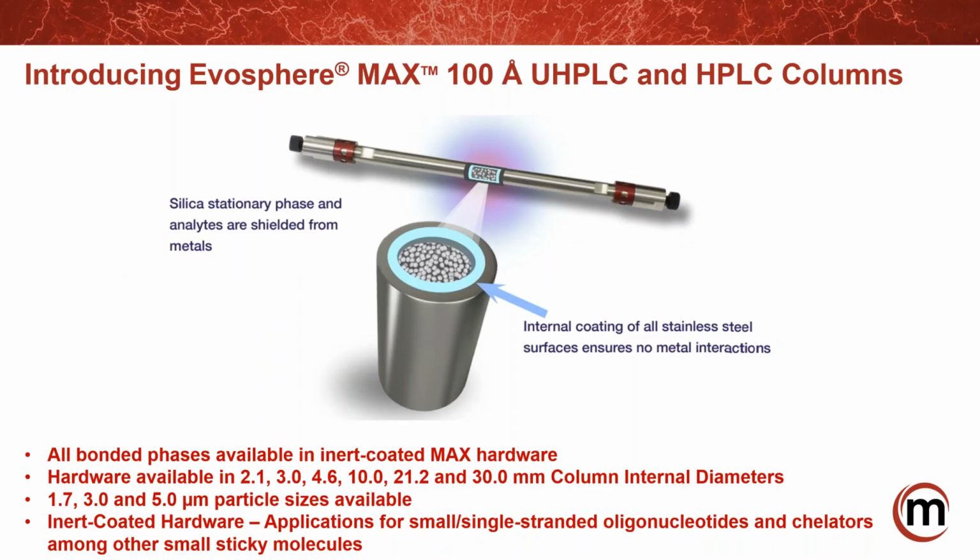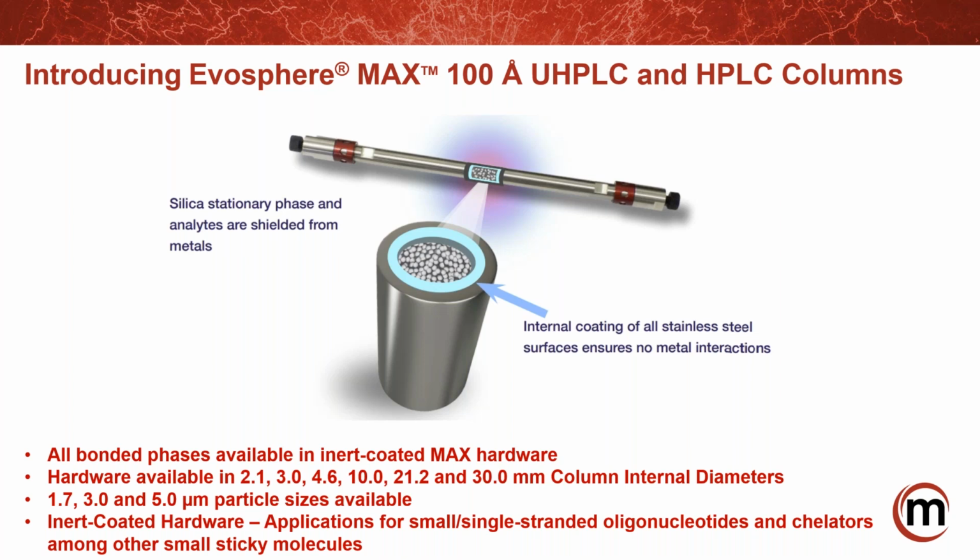So there's been a lot of interest in coated hardware because analytes can chelate, or really sticky analytes. What we'll be talking about next time is a separation where we're using this coated hardware with the C18AR in a collaboration with a Polish university, where the frit is coated, the innards of the column is coated, and so it doesn't give any loss in signal.